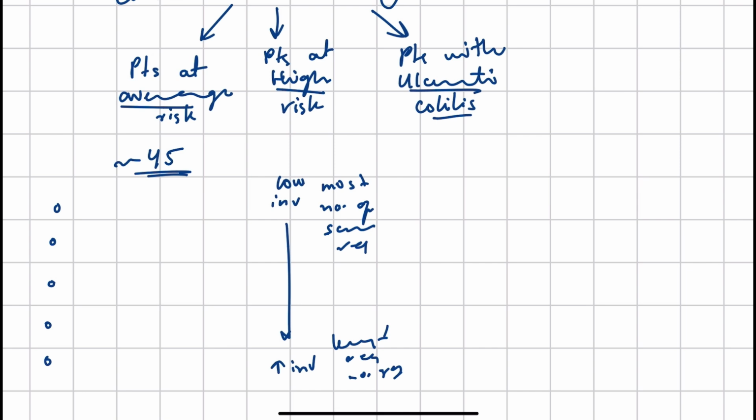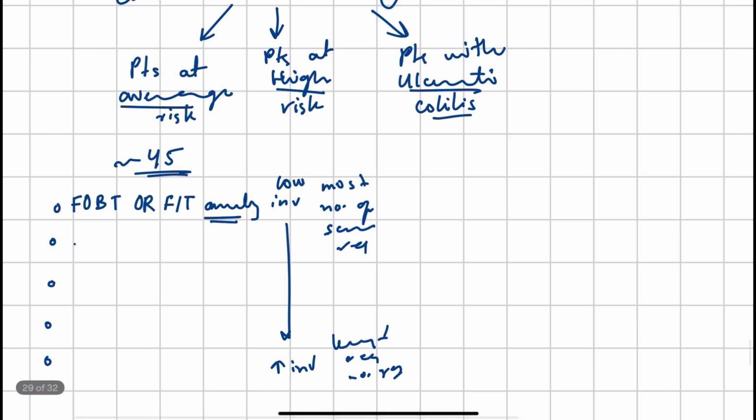So first, what we can do is fecal occult blood testing or fecal immunochemical testing annually. Okay, annually means every year.